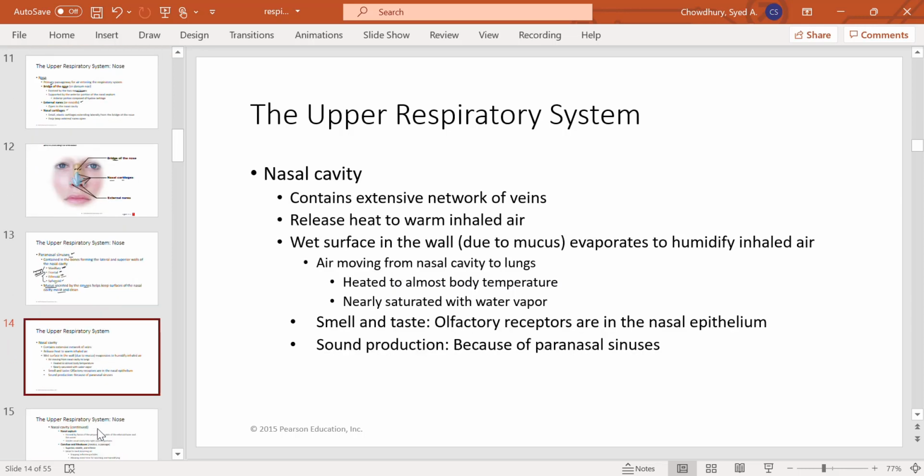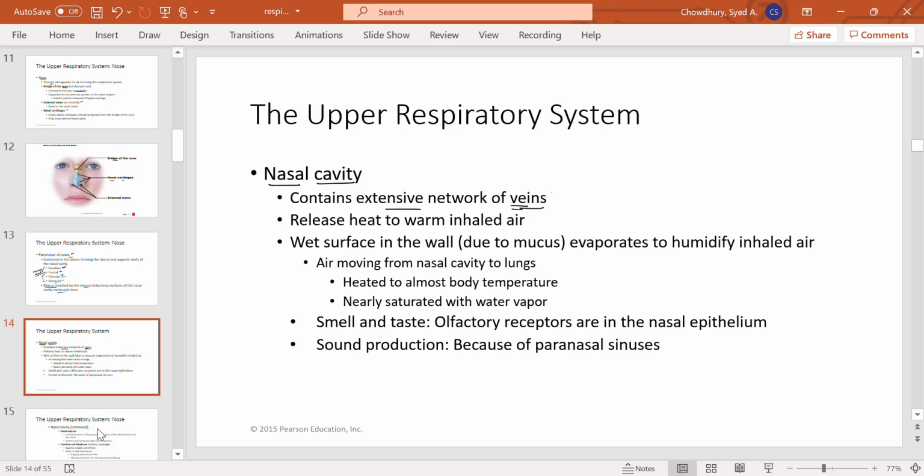Now we will see the nasal cavity, and inside the nasal cavity you have an extensive network of veins. Since in the inner surface of your nasal cavity you have many veins, and veins contain blood, right?